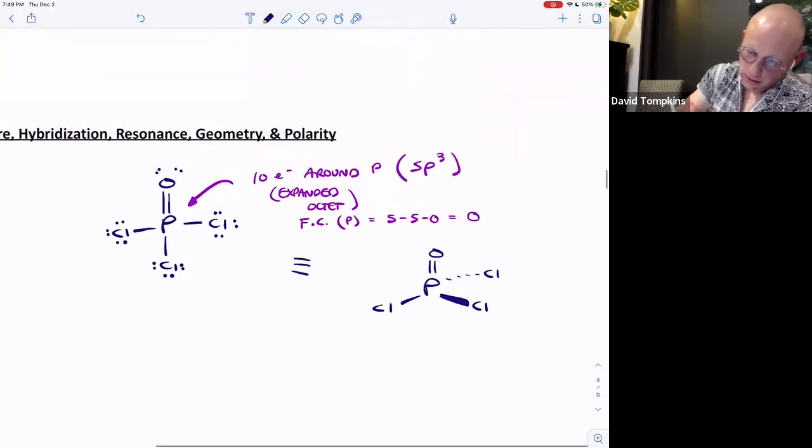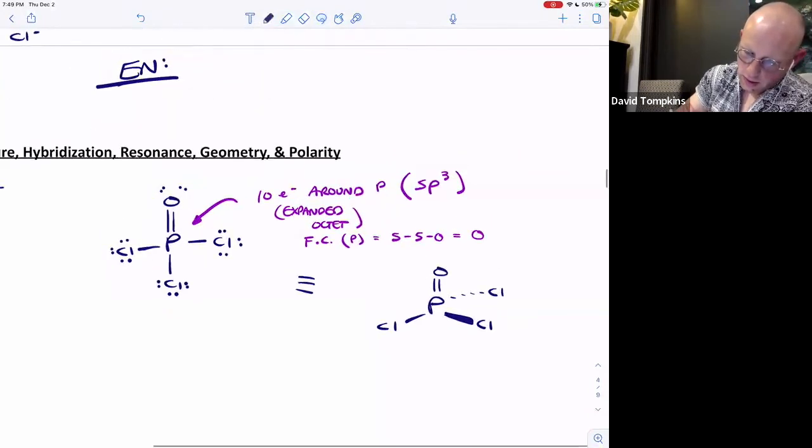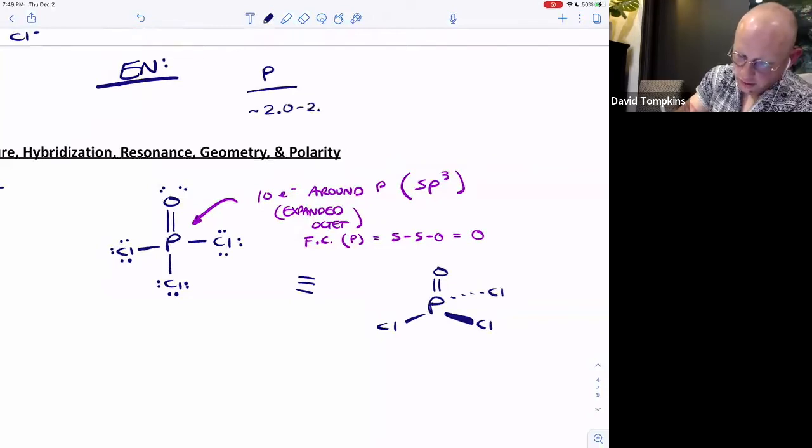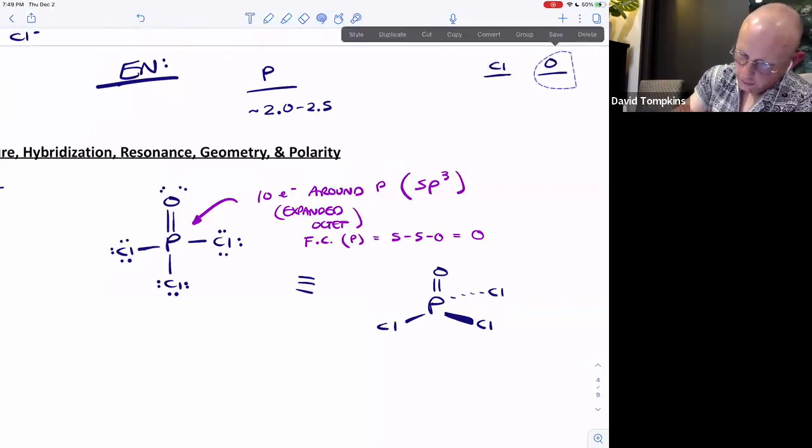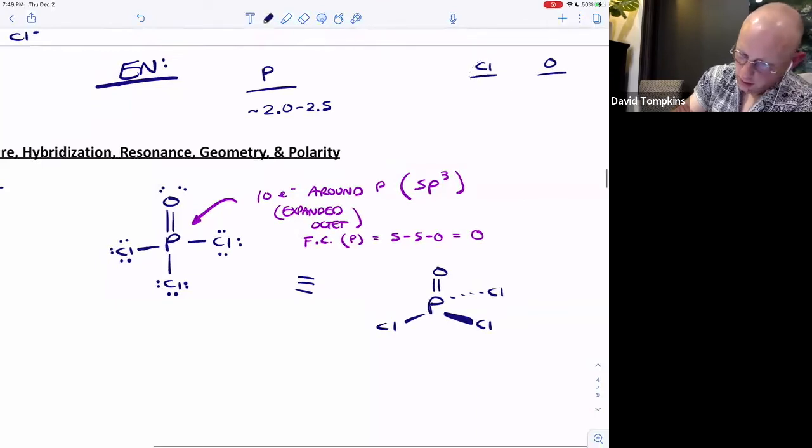And keep in mind some general electronegativity values. I'll sketch them up here. So phosphorus is pretty low in electronegativity. I'd say that value is probably around 2 to 2.5. And oxygen and chlorine are much more electronegative, with oxygen being the smallest and the most electronegative at 3.5, chlorine's 3.4.